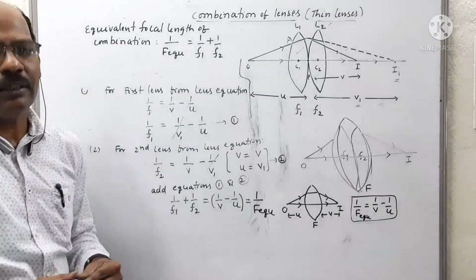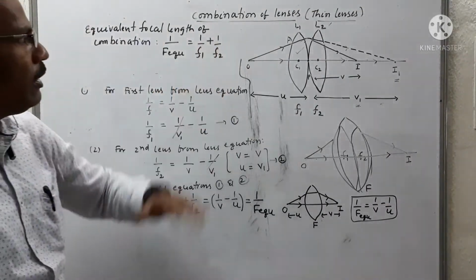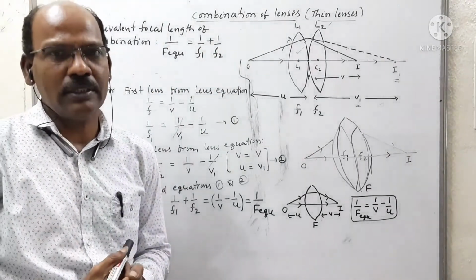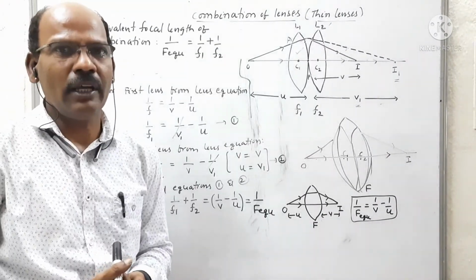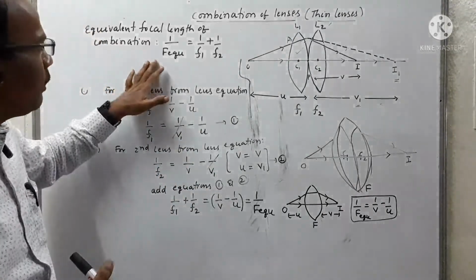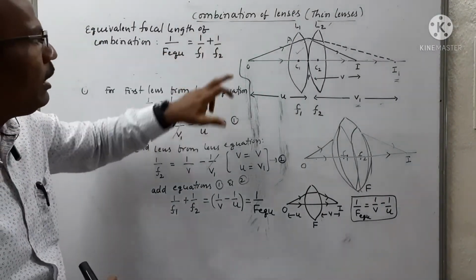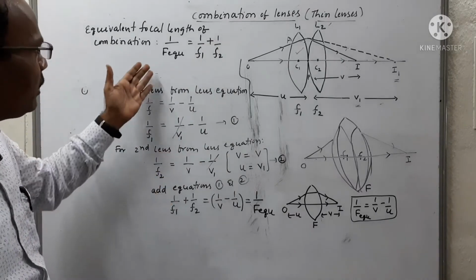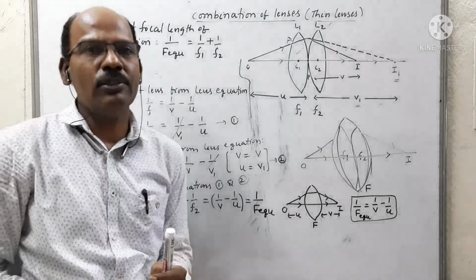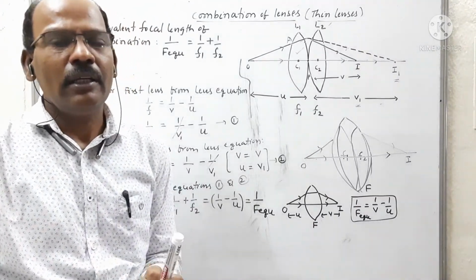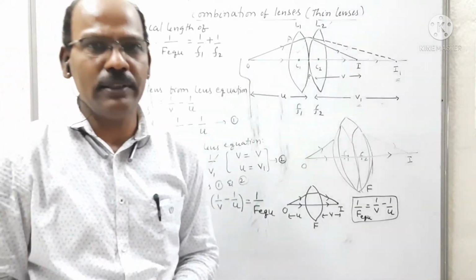So this is the combination of given two thin convex lenses. Based on this equation, we can also derive the equivalent power of the combination of lenses.